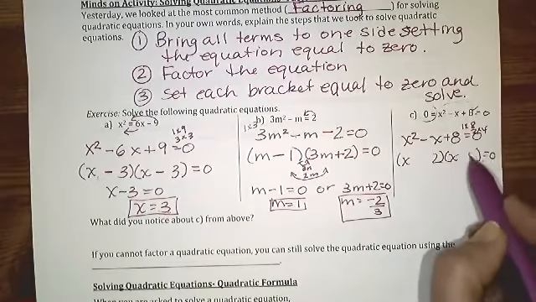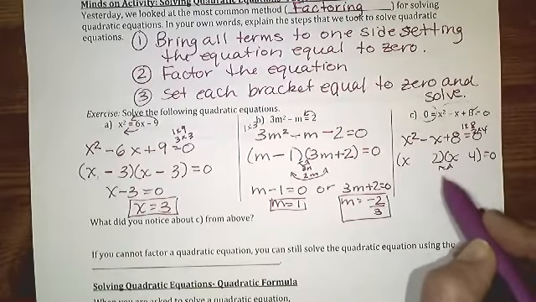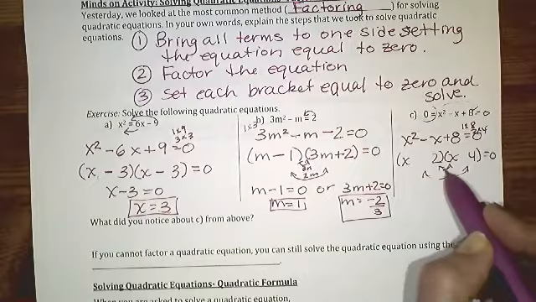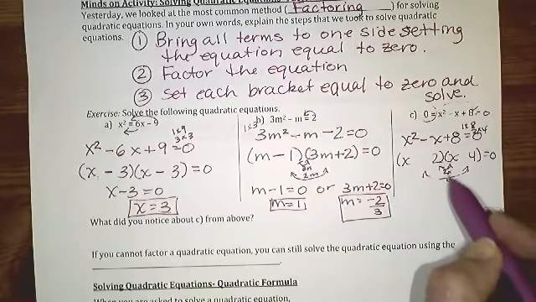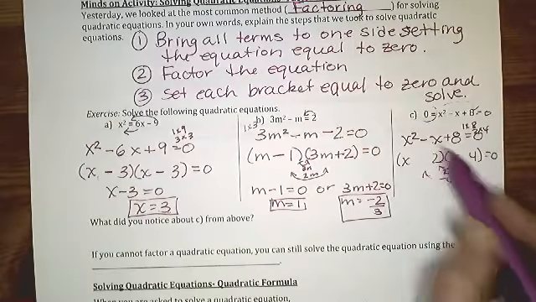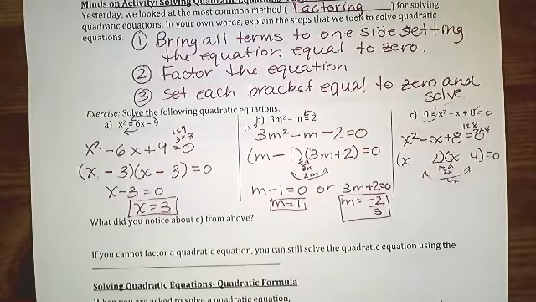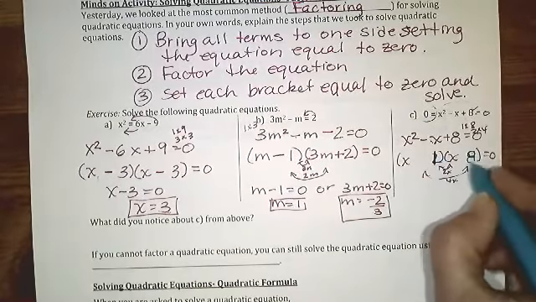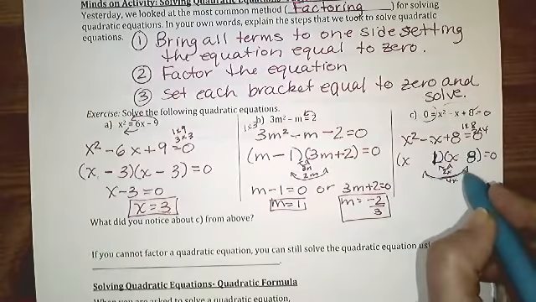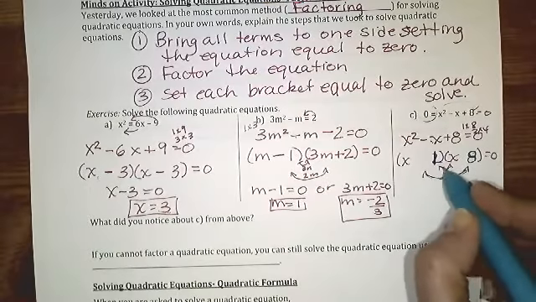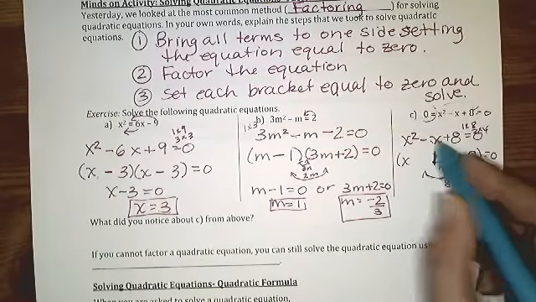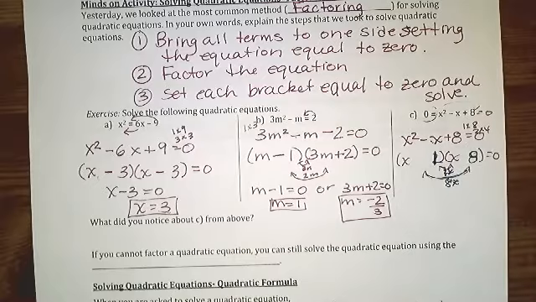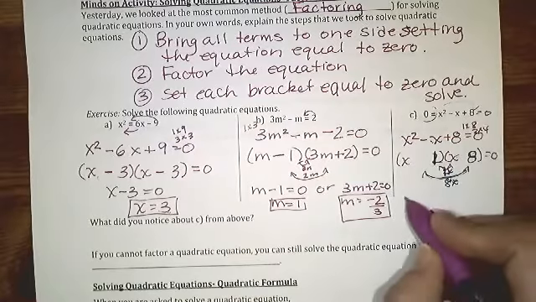And if I try 2 and 4 here, when I do my smiley, I have 2 and 4, and there's no way they either add together and give me 6 or they subtract and give me 2. So I know 2 and 4 don't work. My only other option is 1 and 8. When I multiply the outsides together, I get 8, and the inside's 1. If I add, I get 9. If I subtract, I get 7. So this does not factor.